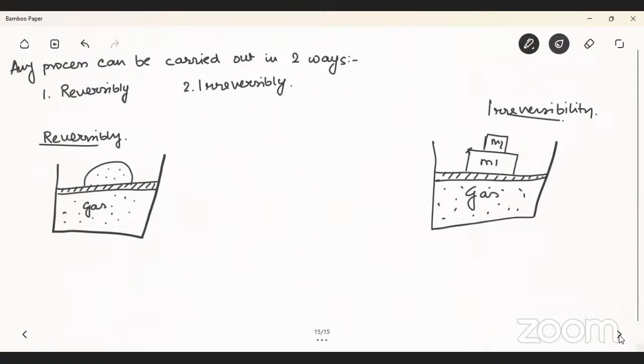If the process is reversed here, it will follow the same path, but for this it is not applicable. Here they follow PV = nRT. Here we can apply PV = nRT only at the final and the initial points. So I've drawn a lot of the conclusions, right? Let's just write the conclusion.